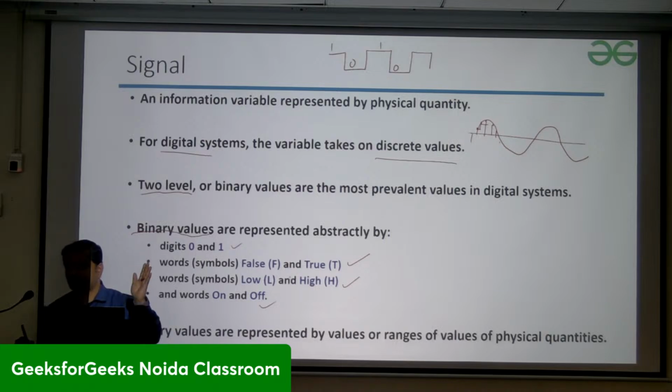So 0 is off, false, low. In the case of true, it is going to be 1, true, high, on. Whenever there are terms related to this throughout the course, you will treat them simply as true or false, 0 or 1, and so on. So binary values are represented by the values or range of values of a physical quantity.